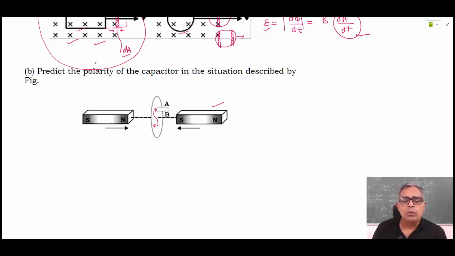Right? Now, in order to tell the polarity, you have to be very careful about the direction of current inside the battery. Yes, inside the battery. Now look at this situation. This is a battery having EMF E and this is resistance R. If you are asked what the direction of current is, your general answer is that the current flows from the higher potential terminal to the lower potential terminal.